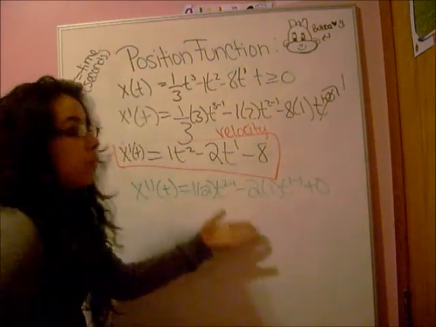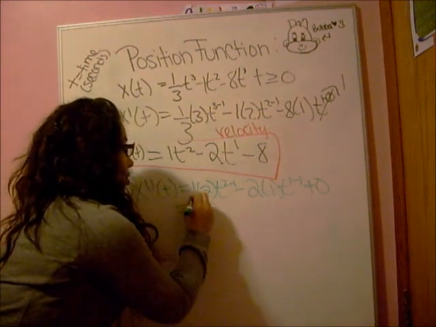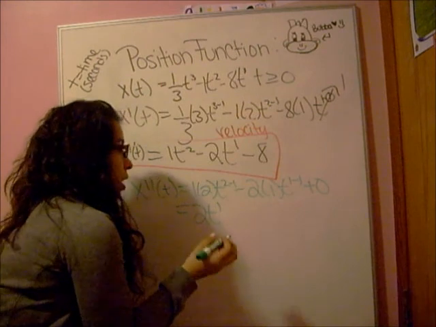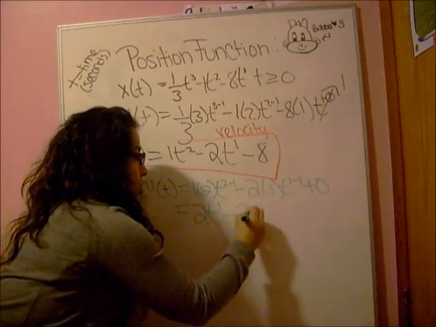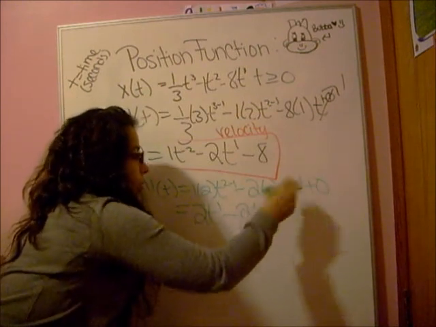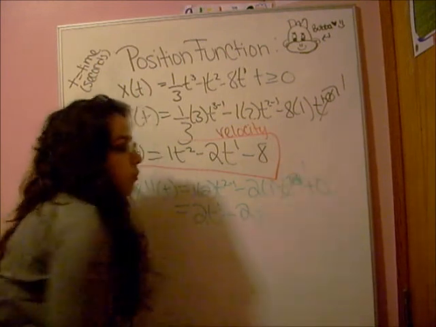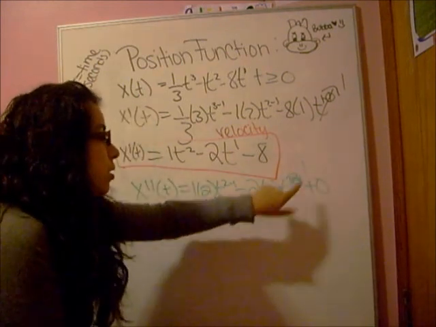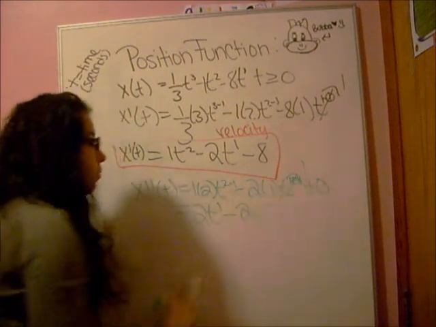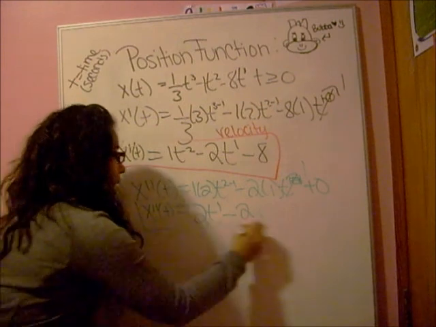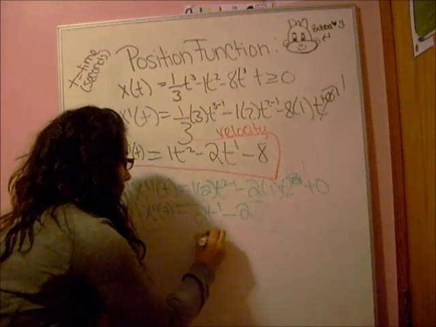So now we're going to solve once again. It's 2 times 1, which is 2, t to the 2 minus 1, so it's t to the 1, minus 2 times 1 is 2, t to the 0 cancels out and it's a 1. So it's 2 times 1 times 1, so it's 2, and then 0, we just leave it out. So then this is now our acceleration function.